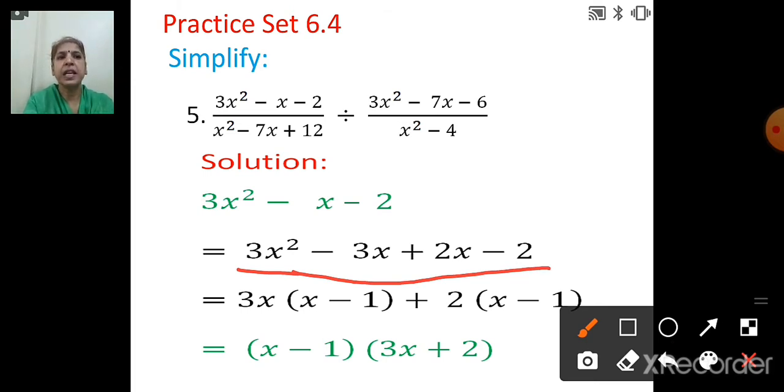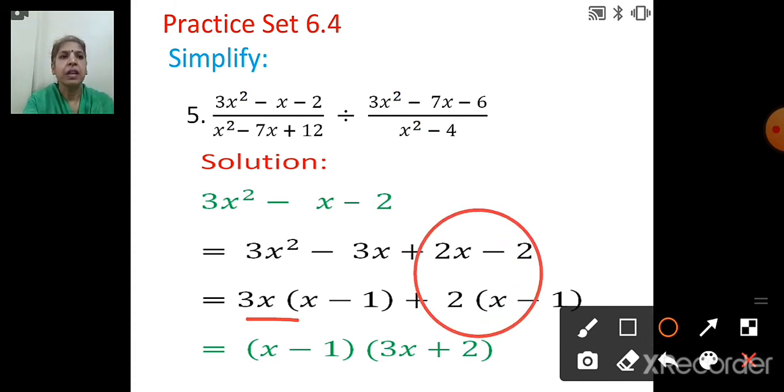Now 4 terms are there, so we are going to group them, 2 groups of 2 terms. Now in the first group, which are the common factors? 3 is common, x is common, right? So we will write 3x common, and the uncommon in the bracket. What is uncommon here? X minus 1. So 3x is taken common, and in the bracket we get x minus 1.